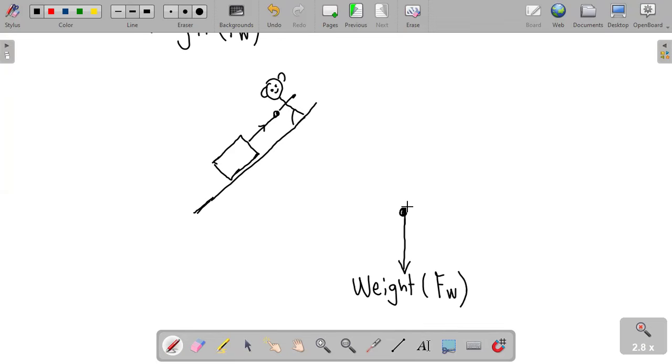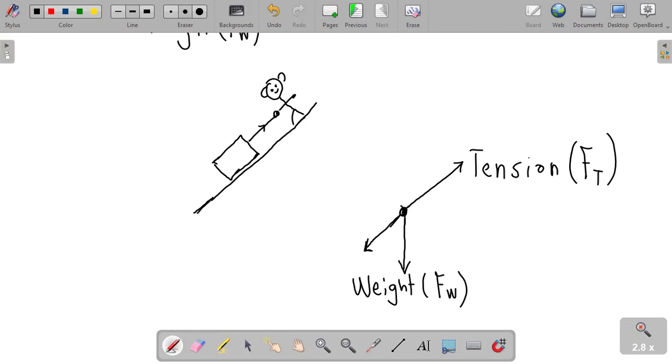And then there is the applied force or tension up the incline, and then there is the frictional force in the opposite direction. So the tension would be up the incline. In this case, it wouldn't be to the right because it's on an incline. So the tension would be like this. It would go up the incline.